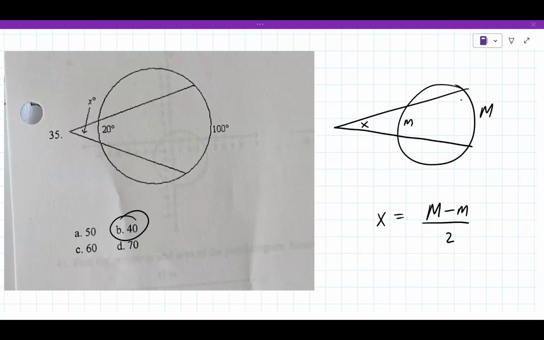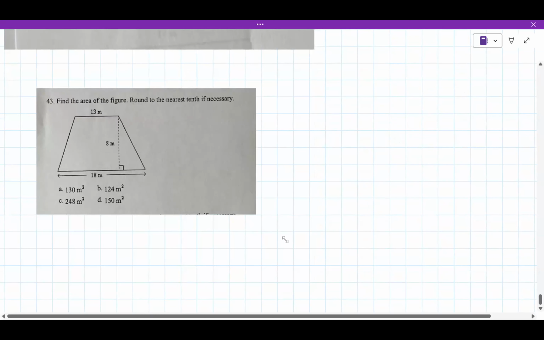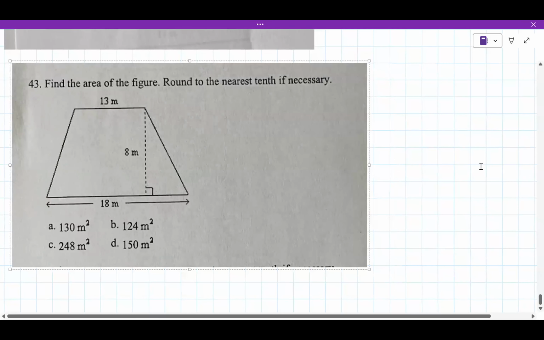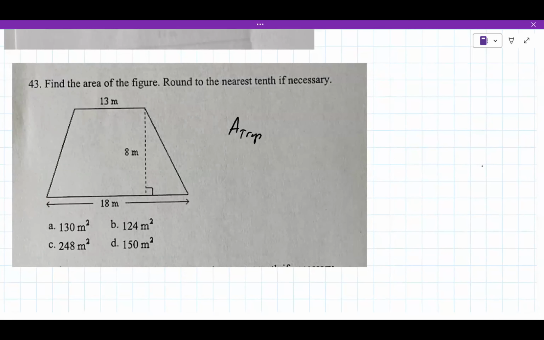I had a couple more of these that I thought would be good. Here's a problem where, if you know the formula for the area of a trapezoid, you have it. The area of a trapezoid is base 1 plus base 2, divided by 2, times the height.